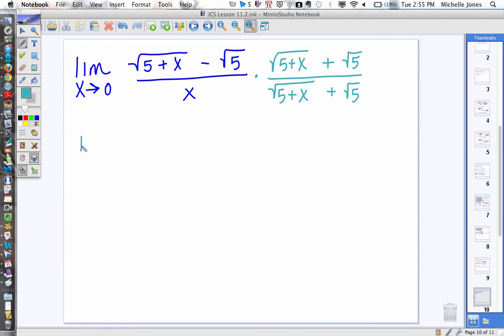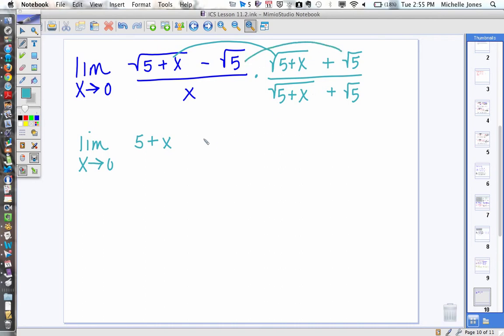Alright, so let's multiply those together. Let's multiply our numerator. When you multiply two terms with square roots, the square roots go away because the square of a square root is just itself. So we have 5 plus x. So that's our first term. Our inner and our outer terms for FOIL are going to cancel out. So I'm not even going to write them down.